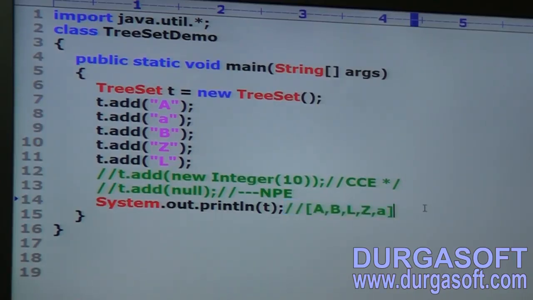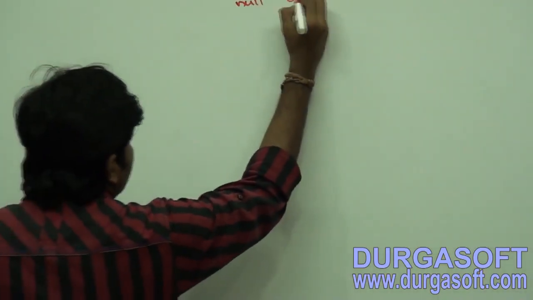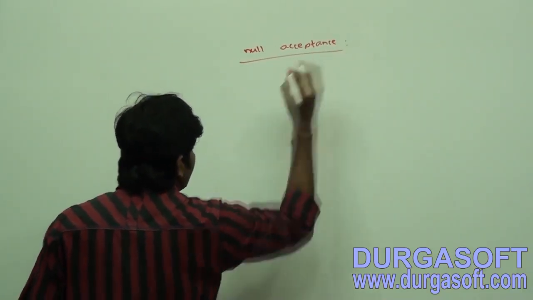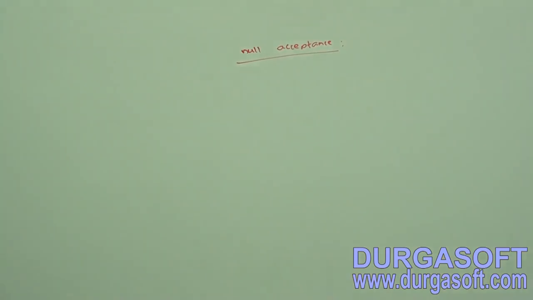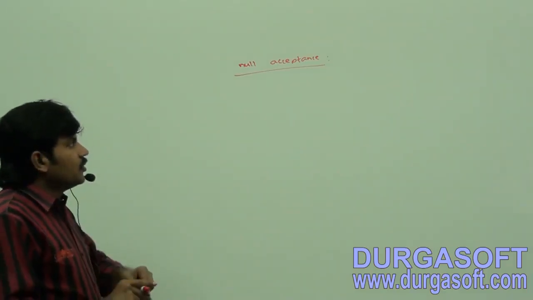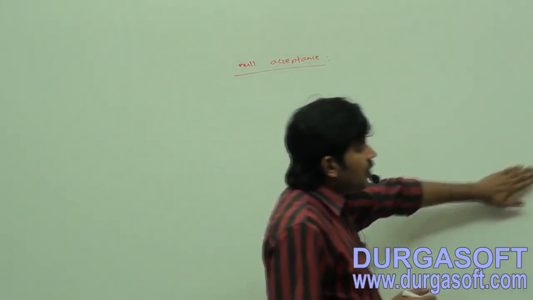Okay, just observe, keep a subheading: null acceptance. There is a big story about null acceptance. Related to null acceptance, there are multiple loopholes.